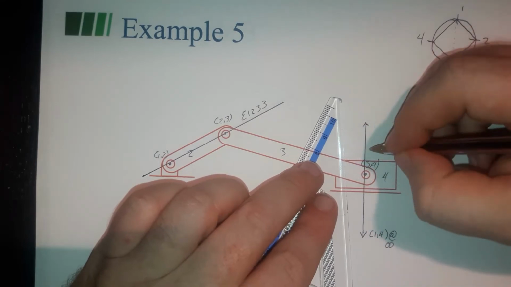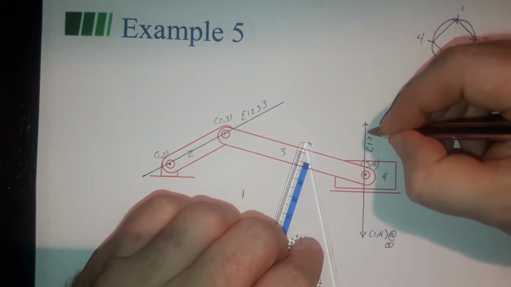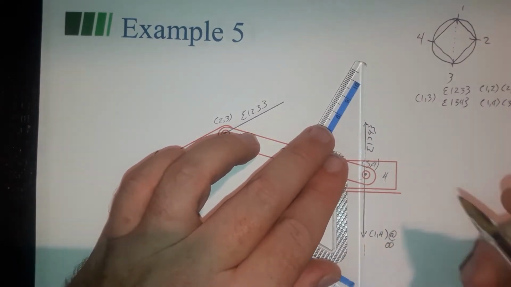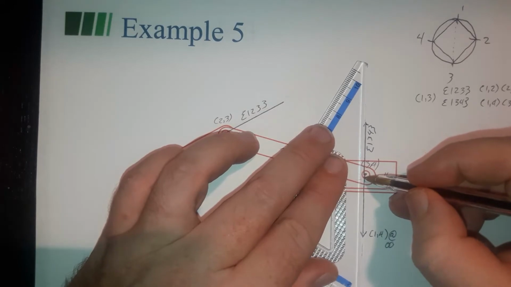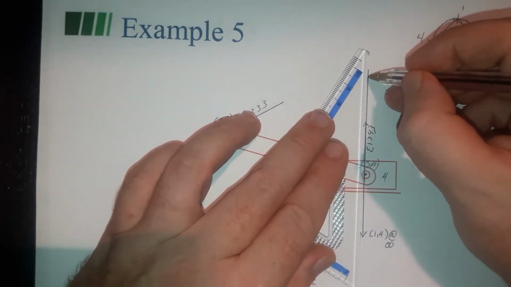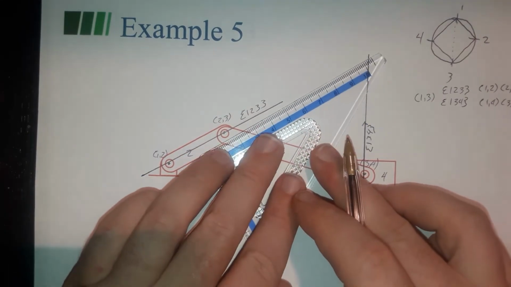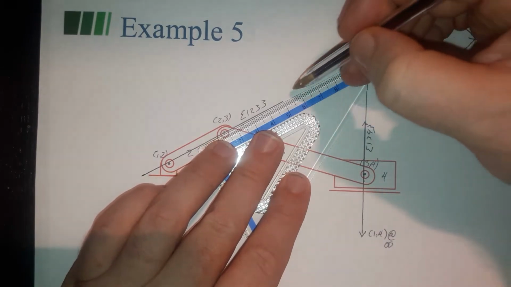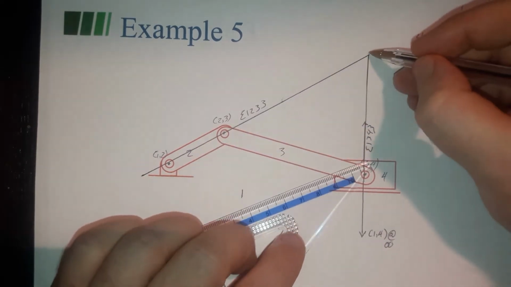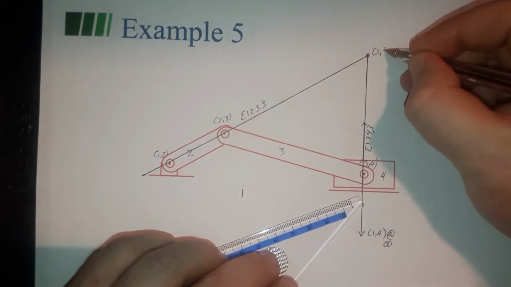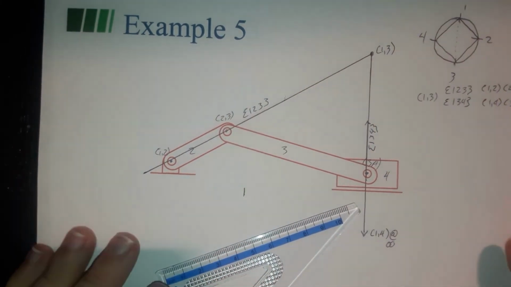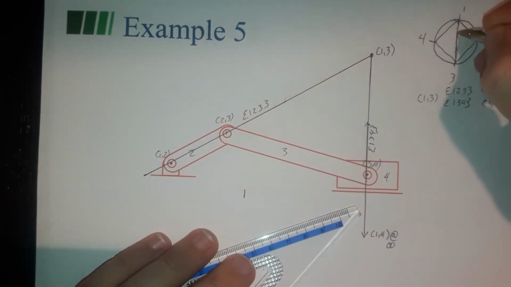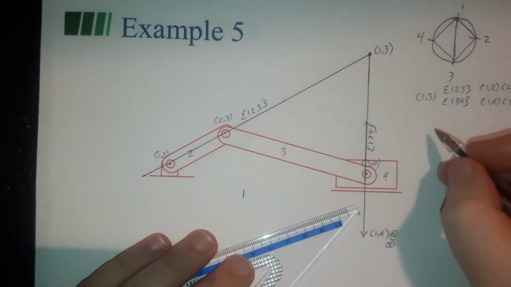So this line I've drawn actually is instant center line 1, 3, 4, and I just need to extend that line there, and then extend this one. Where those two intersect is going to be instant center 1, 3. All right, so now I know where instant center 1, 3 is.